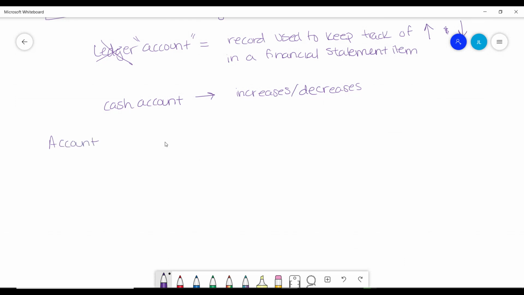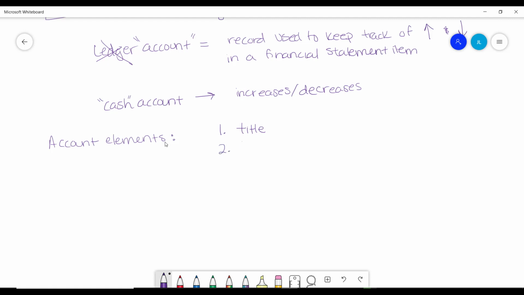So let's just write out here account elements. So first of all, it needs to have a title. Otherwise, you don't know what the heck it refers to, right? So if we're talking about the cash account, the title is cash.